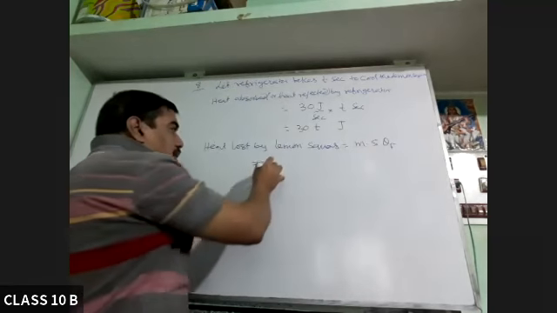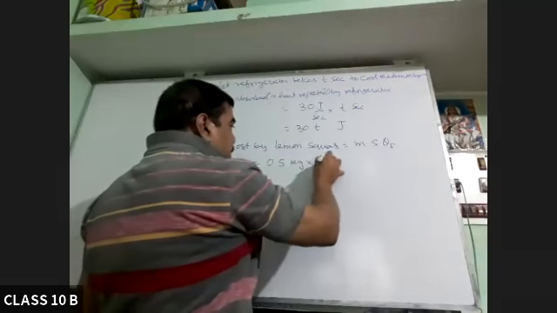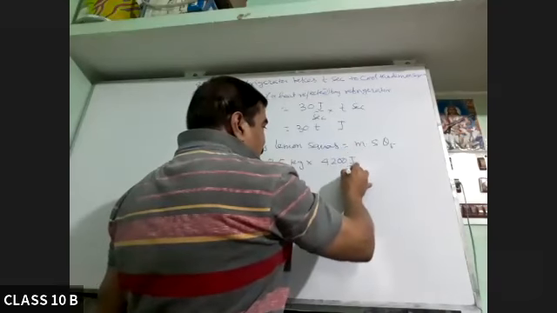So mass is given as 0.5 kg. Specific heat capacity is the same as water, which you are given.